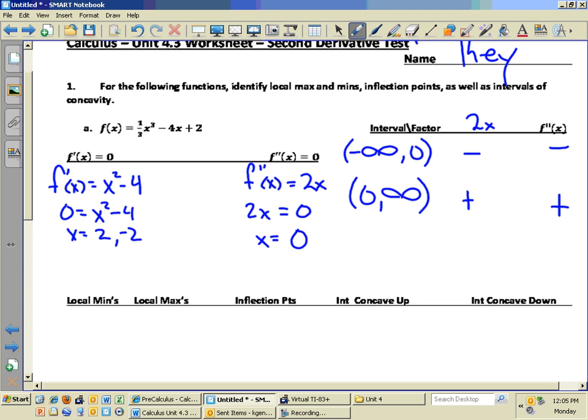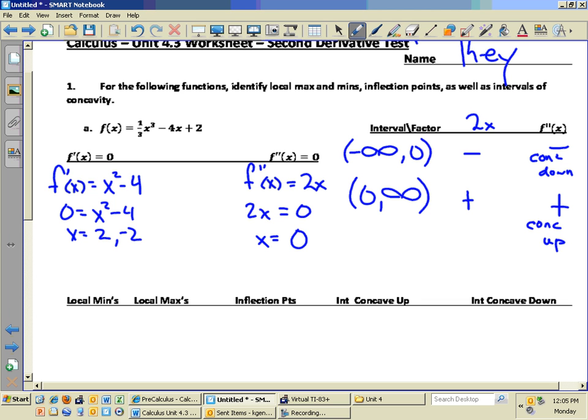If f double prime of x is negative, is it concave up or concave down? Concave down. And where it's positive? Concave up.